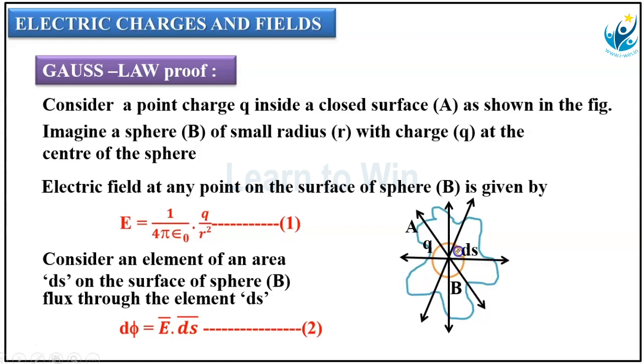Then the flux through this small elemental area is d phi equal to E bar dot ds bar.